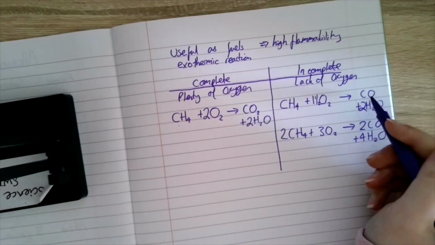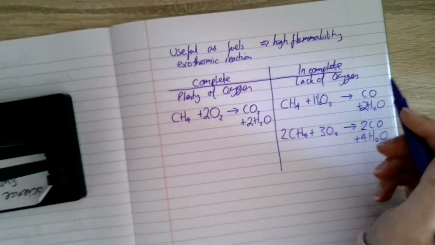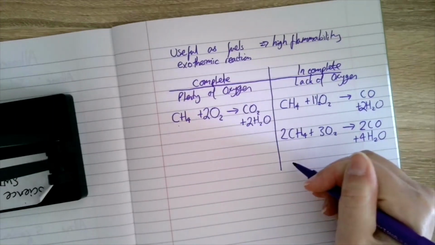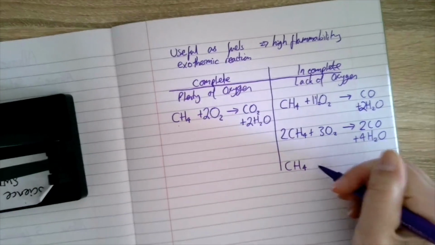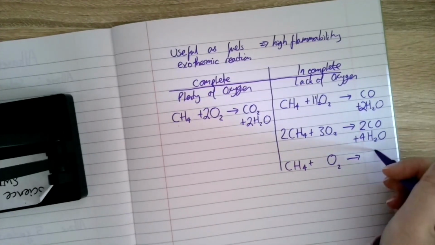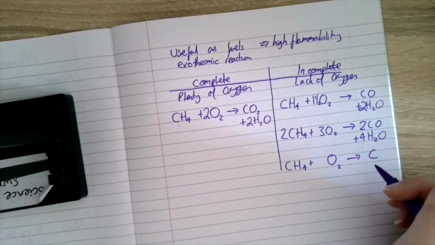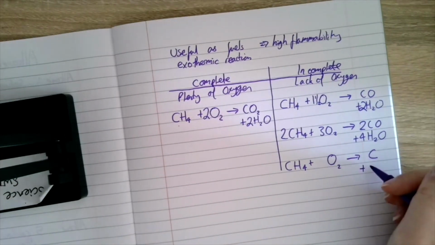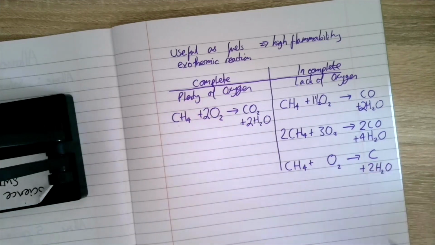So forming carbon monoxide is one of the options, but alternatively, if we have even less oxygen, we might just simply form carbon itself as a soot. Still 2 H2O, so that we have those 4 hydrogen atoms, 1 carbon, 2 oxygen, 2 oxygen.